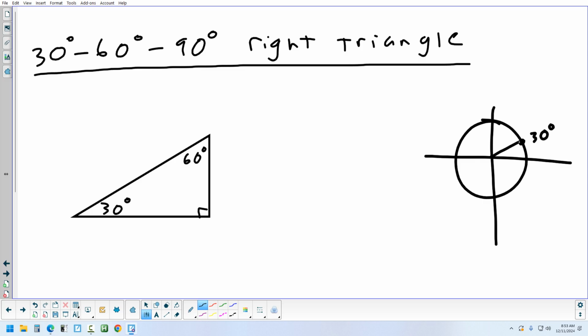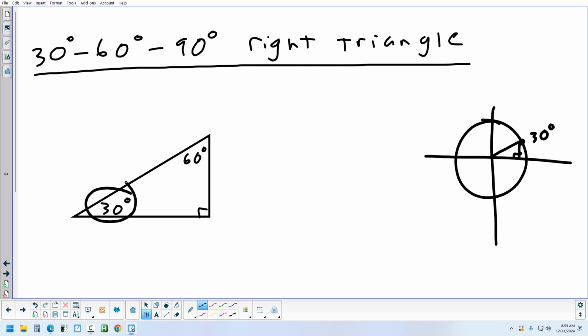Drawing a hypotenuse and drawing a perpendicular to the horizontal. Okay, I've drawn that triangle bigger off to the side so we can work with it. The right angle is in the lower right. And because the hypotenuse is pointing at 30 degrees, that means this angle right here is the 30, and this one at the top is a 60.